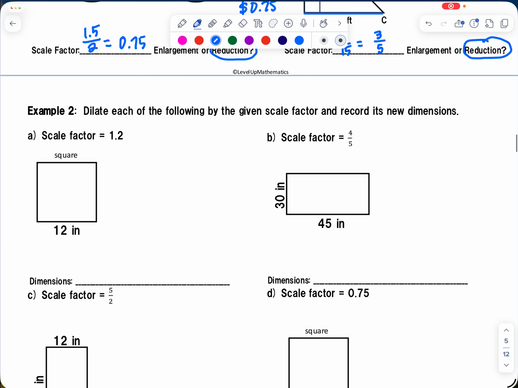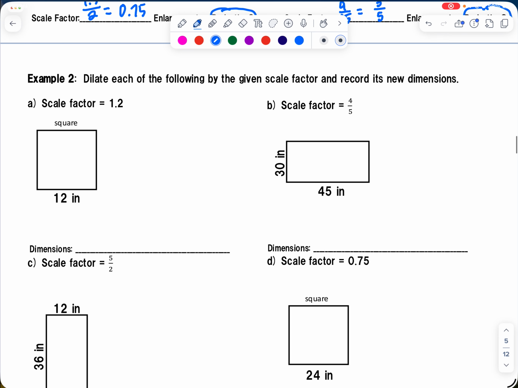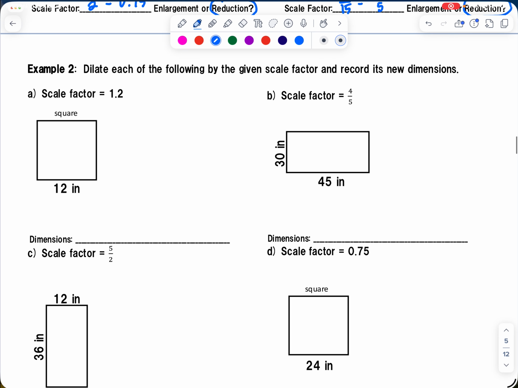All right, example 2. Dilate each of the following by the given scale factor and then record its new dimensions. So if I have a square that has a side length, each side length is 12 inches, and the scale factor is 1.2, that means I'm just going to take my original dimensions and multiply it by 1.2.